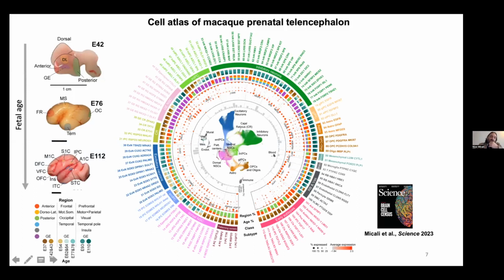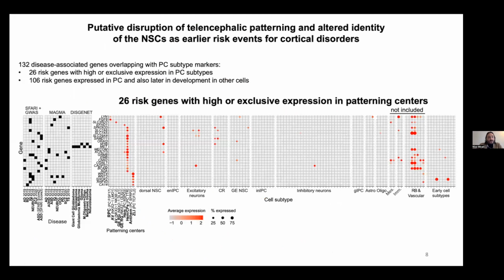Of course, we could also recognize the cells belonging to the excitatory or inhibitory neuronal lineage, and later gliogenic cells. This paper was recently published, and we now have a cell atlas of the cells populating the developing monkey telencephalon.